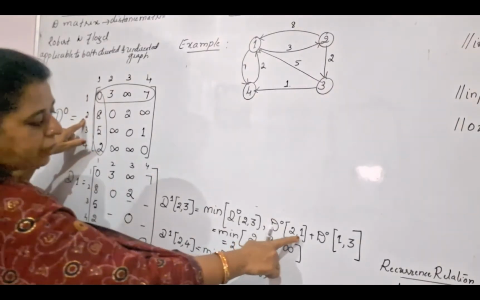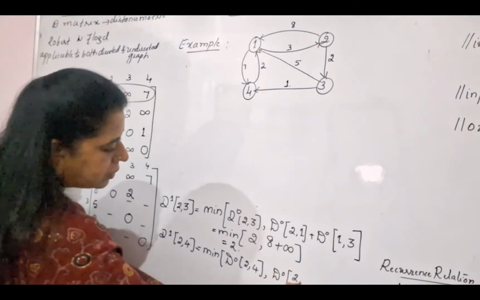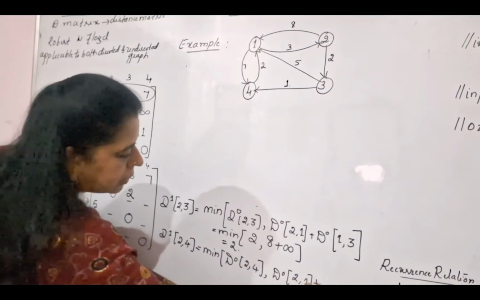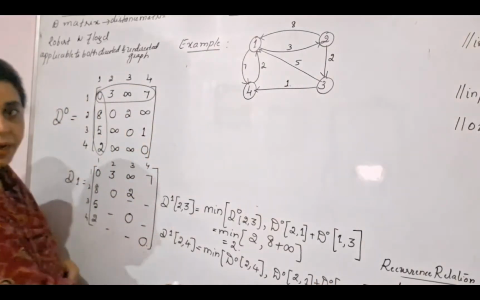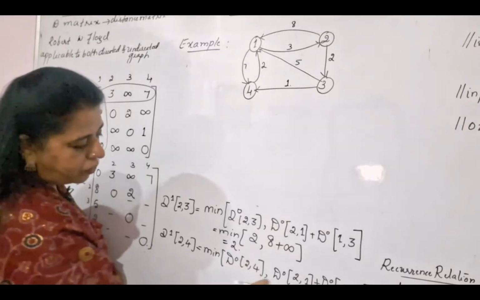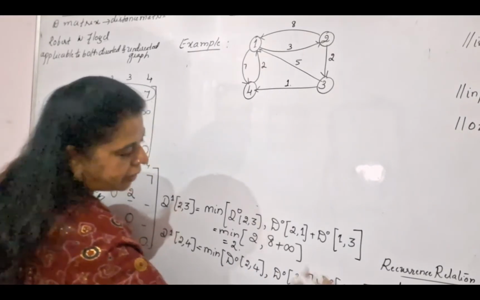Now introduce the intermediate vertex 1. In d0 only, it is d0 of 2 comma 1 plus d0 of 1 comma 4. Getting the point here: 2 is here, 4 is here, and in between you have introduced the intermediate vertex 1.